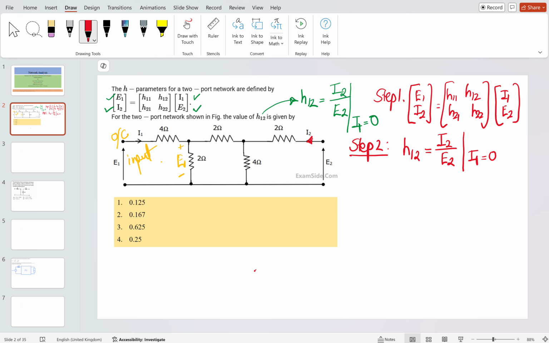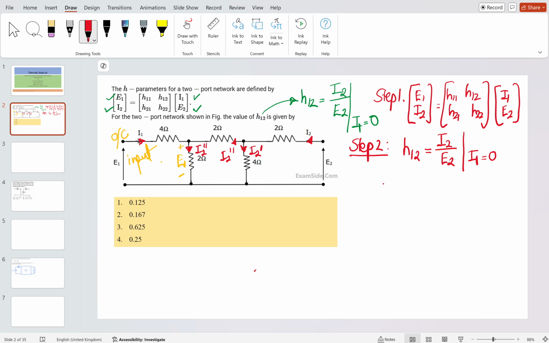The I2 current passes here and gets divided because there is no current here, I1 equal to 0. When I2 is divided here, suppose this is I2 dash and here it is I2 double dash. The same current will flow into this 2 ohm as well, that is I2 double dash. So they are connected in parallel.